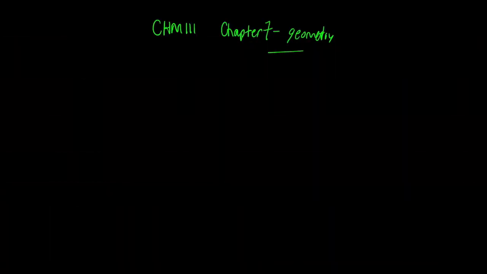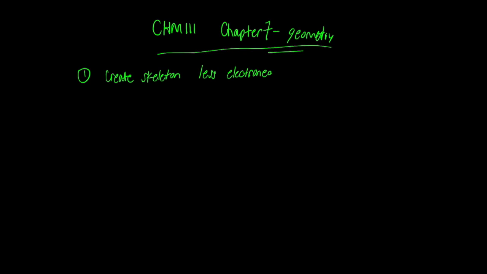Now, let's just recall how to make a Lewis structure. You create the skeleton, and you place the less electronegative elements inside, the more electronegative outside.